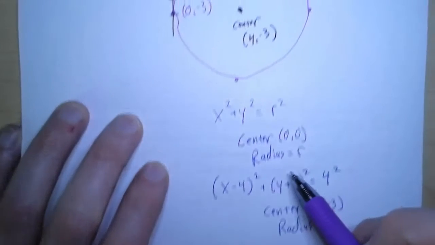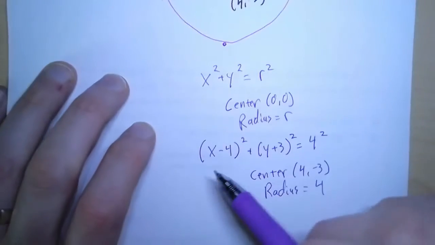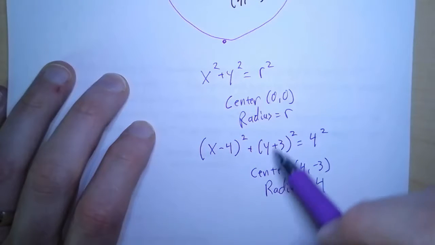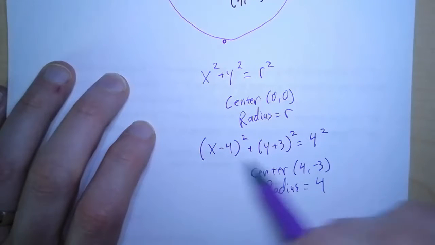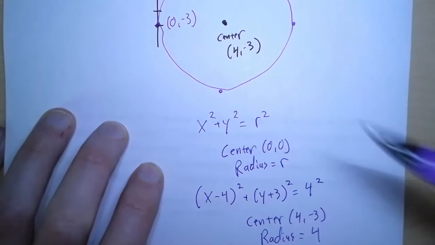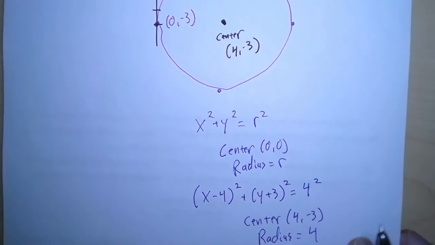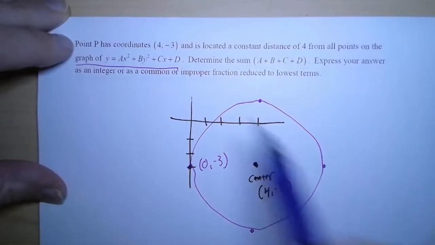An easy way to tell is that you know this point has to work for x and y. So you can play around with that, and eventually you'll end up with this equation working with the point 0, -3. So there's our equation.